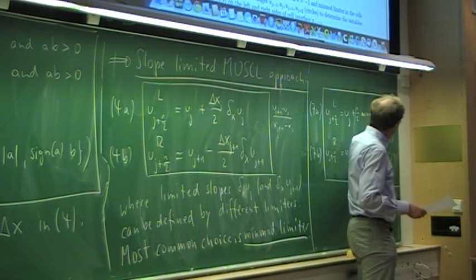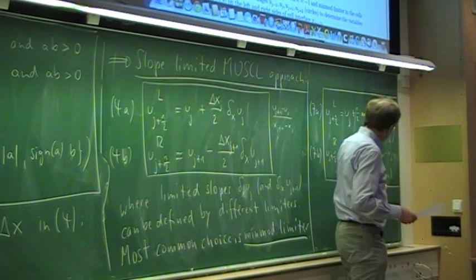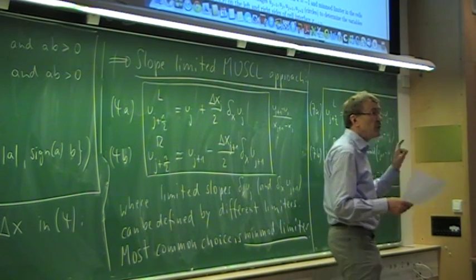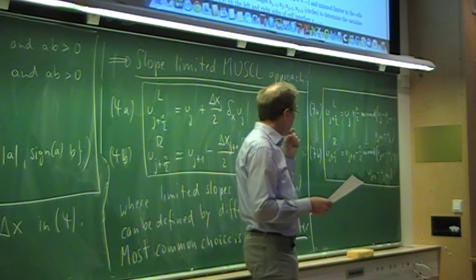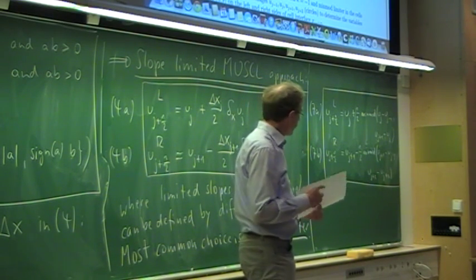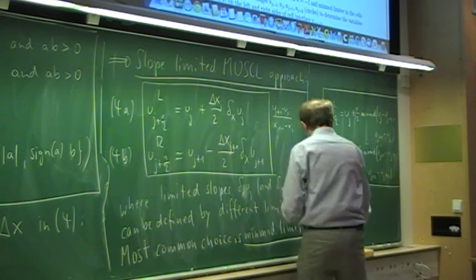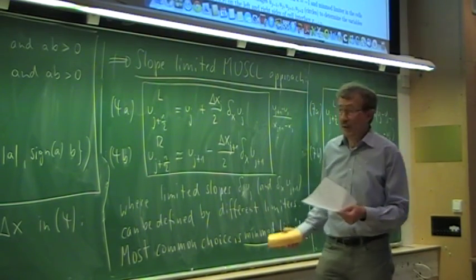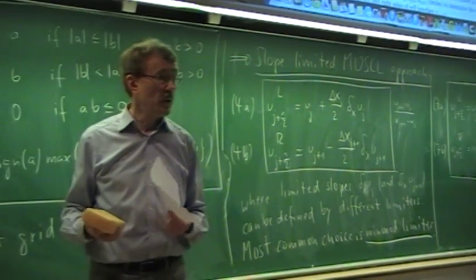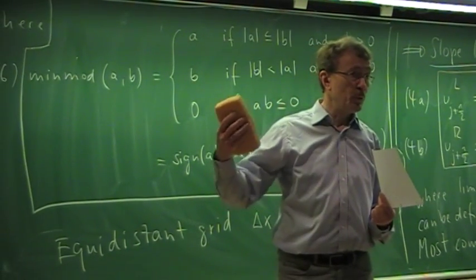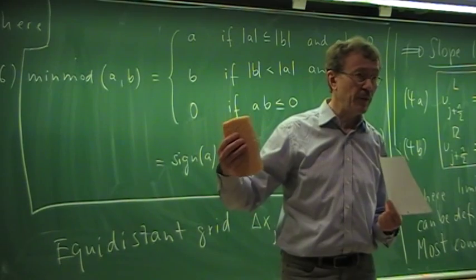You also need the u_{j-1}, and you need here the u_{j+2}. So you need 2 cells more. So at the boundaries, that has to be taken into account. And that limits also its application at the boundaries. If you have just directly boundary conditions, then you cannot do it directly in the first cell.